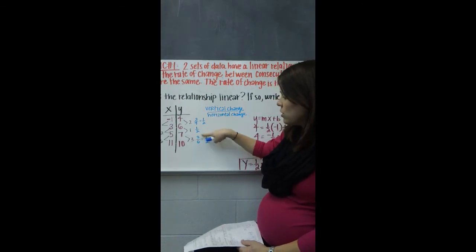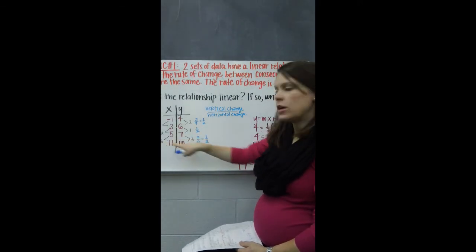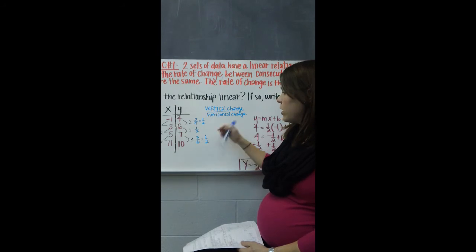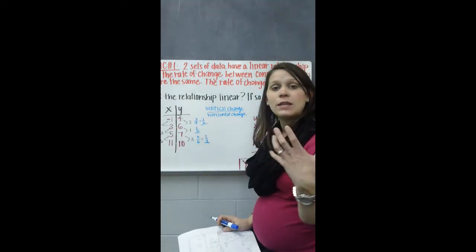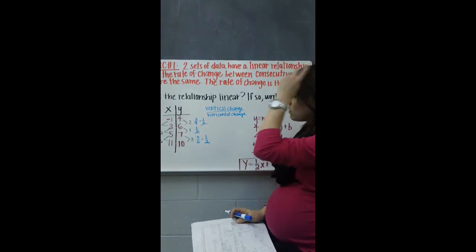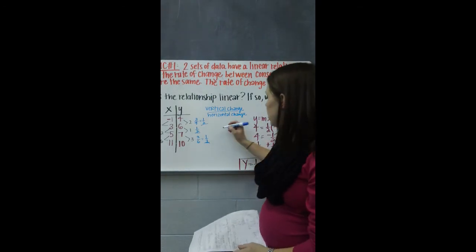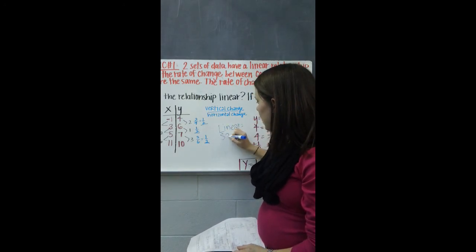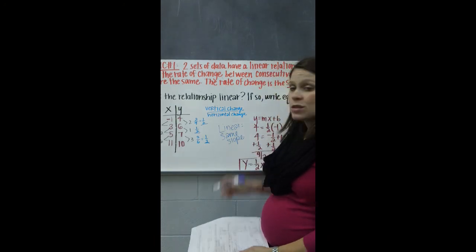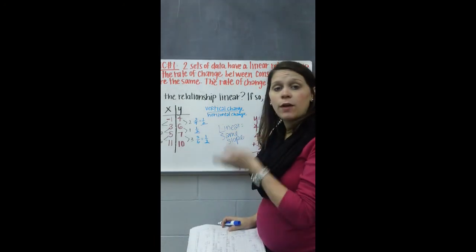Here, vertical change of 3, horizontal change of 6. 3 over 6 reduces to 1/2. If you notice, all of these are the same, meaning they have the same slope. Since they have the same slope, they are linear. Linear equals same slope.